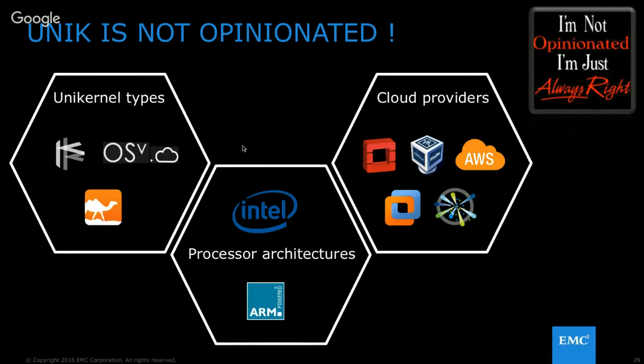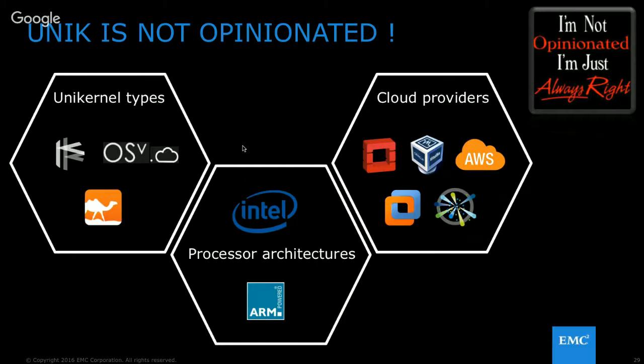So the unikernels that we support today are from rumprun, OSv, to IncludeOS, Java, and Camel. The cloud providers that we support today, and you can add constantly, and we're working on it constantly, are AWS. You can run locally on your machine with VirtualBox. Soon we're going to release QEMU, which will give us KVM as well.